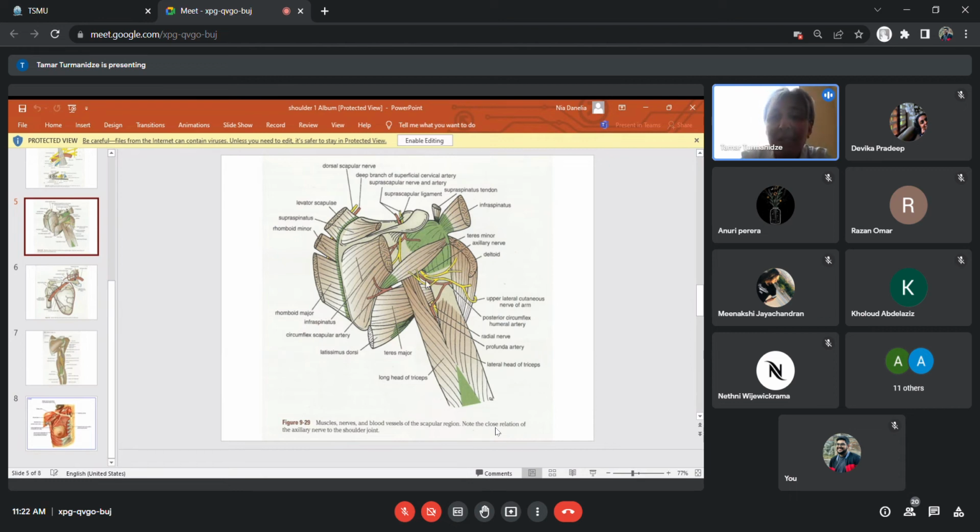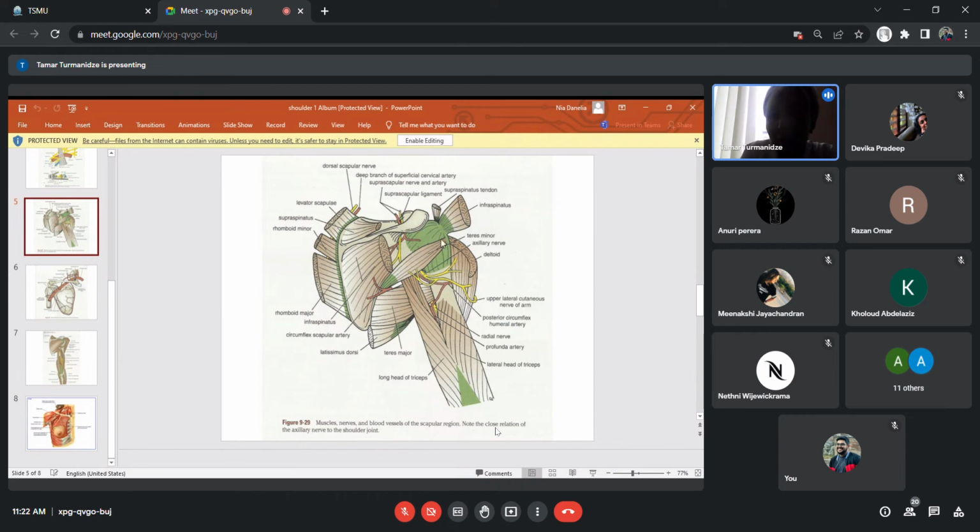And the main vessels and nerves of the deltoid region will be which vessels and nerves? We have told that this will be posterior circumflex humeral artery and axillary nerve, which at the level of the surgical neck of humerus anastomoses to the anterior circumflex humeral artery.